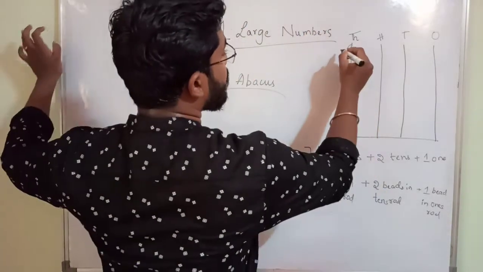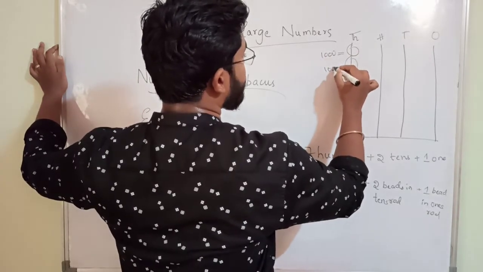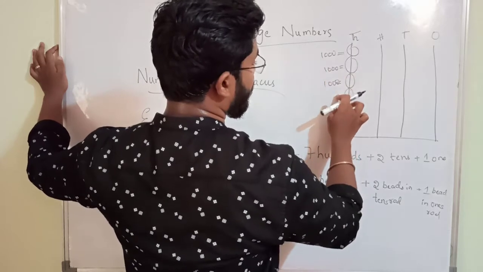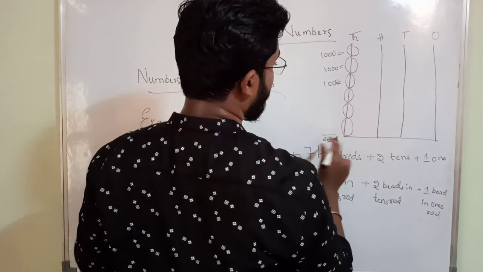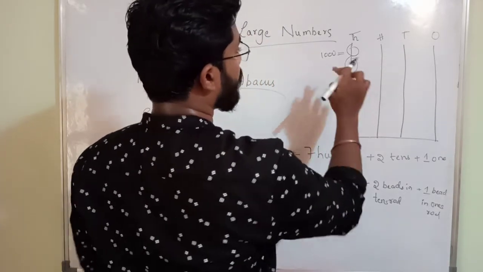Here each bead value is 1000. So 1000, 1000, 1000, 1000, 1000, 1000. Total you will get 6000. Here each bead value is 1000.